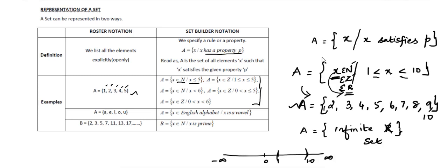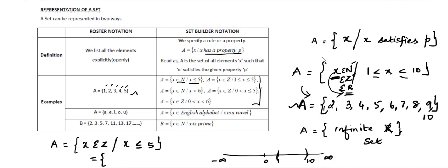See, the same set can be represented like this also. If I am writing A equals, x belongs to Z such that x less than or equal to 5. What will be this set? Could you tell me? Z means integers.